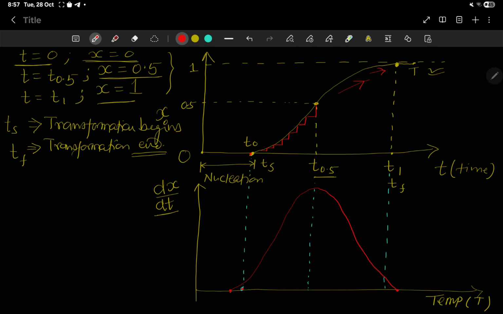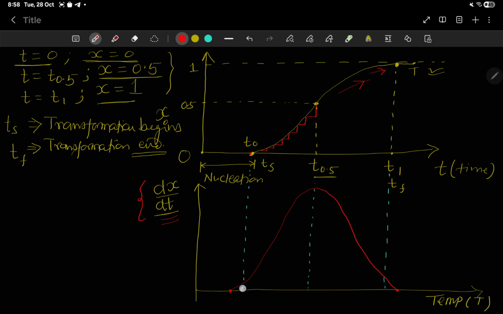Okay, so this is the variation of the rate of change of transformation, dx by dt, of this curve. You can see here that as time passes, this transformation is increasing, and at a later time the slope is decreasing. But here on the x-axis we have kept temperature.